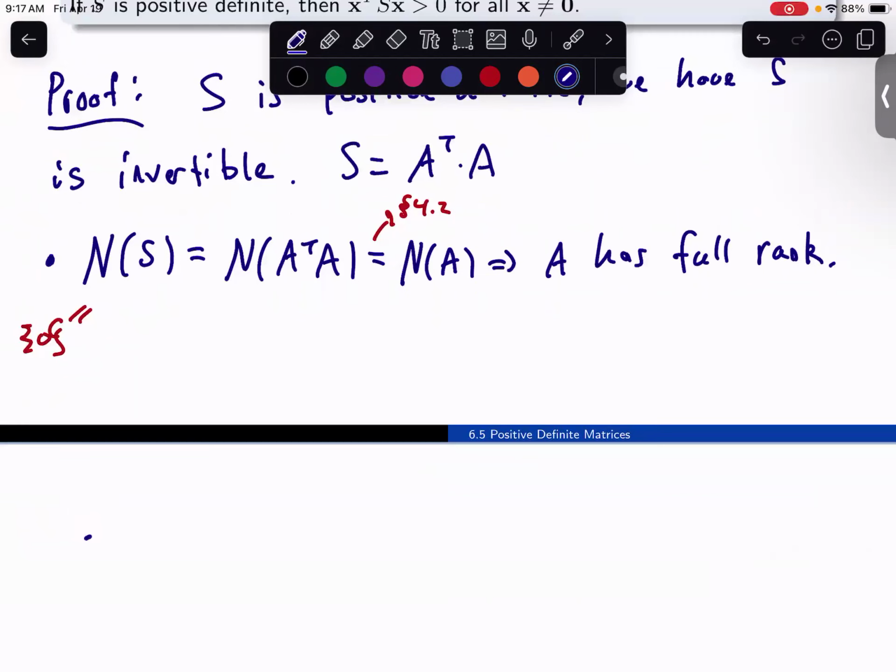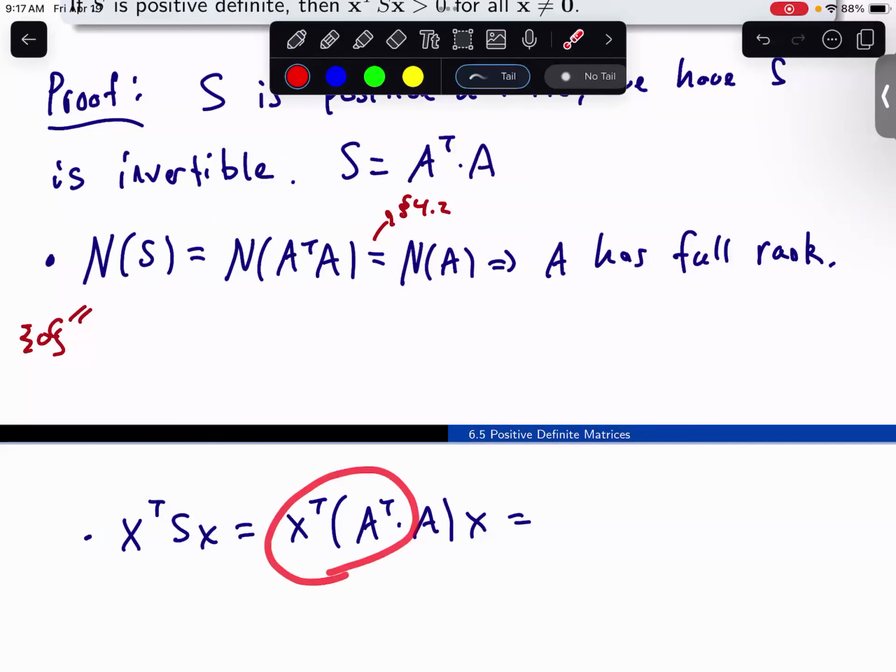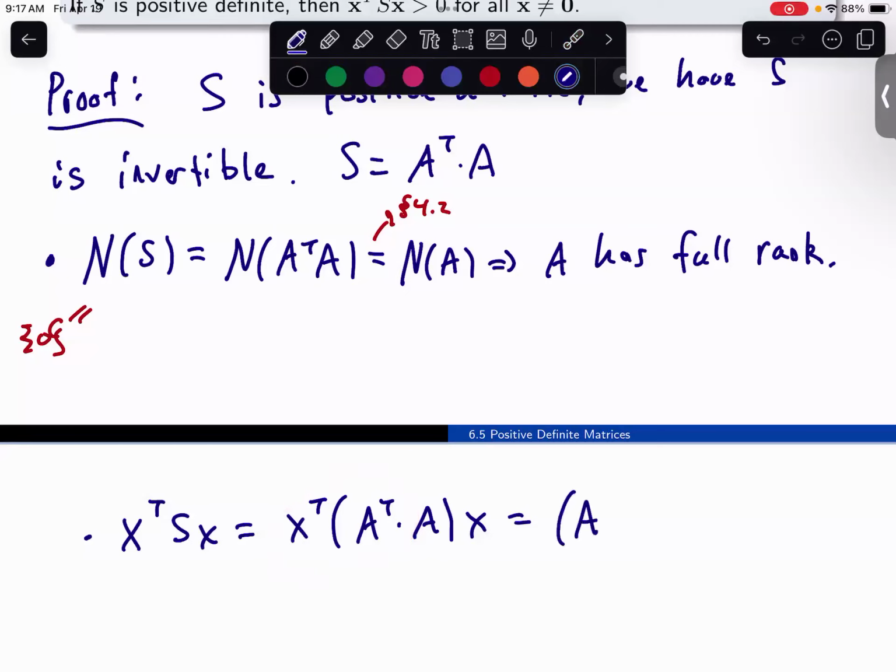So we have X transpose times S times X. If you rewrite S as A transpose times A, we get the following. And then you can rewrite this in the following way. X transpose times A transpose is really just equal to (A times X) transposed, and then this is times AX.